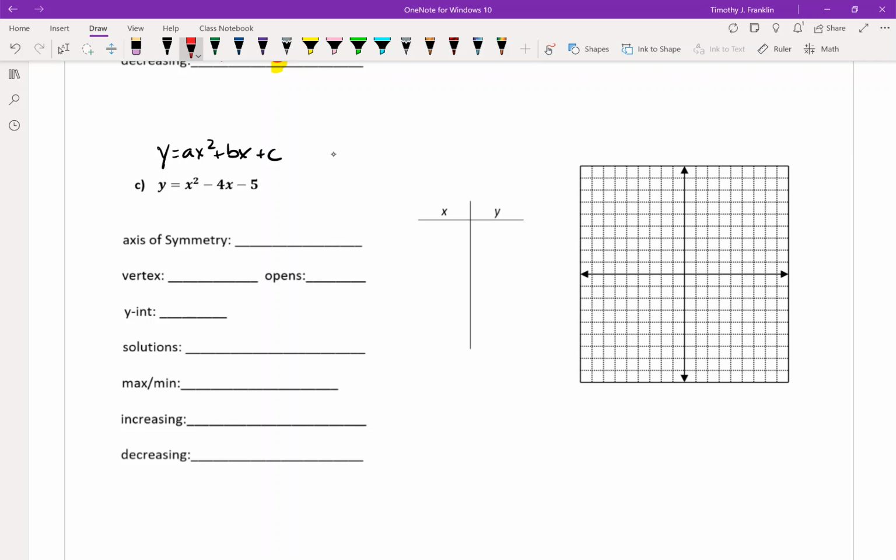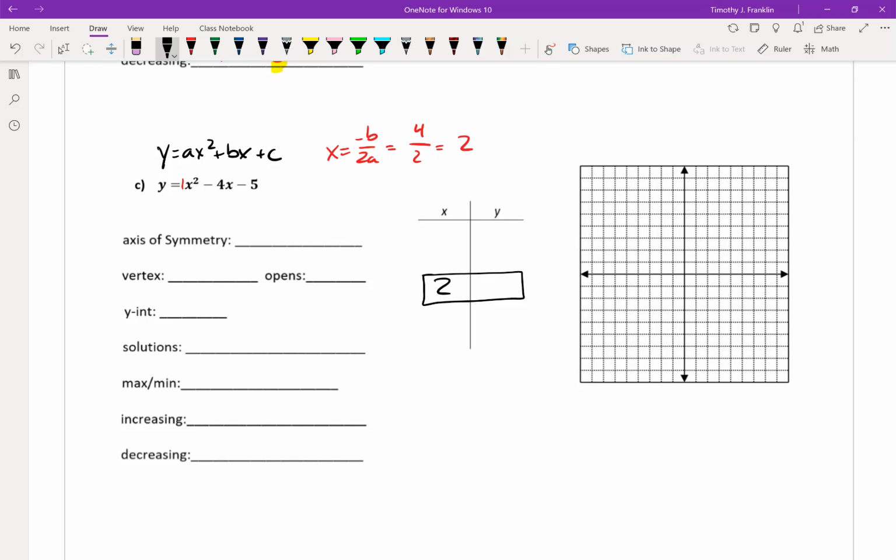So let's find our AOS, negative b over 2a. So our b value here is -4. So if I have -4, that's actually +4. A would be 1, so 2 times 1 is 2. Our AOS for this problem is +2. And that's our middle point right here.